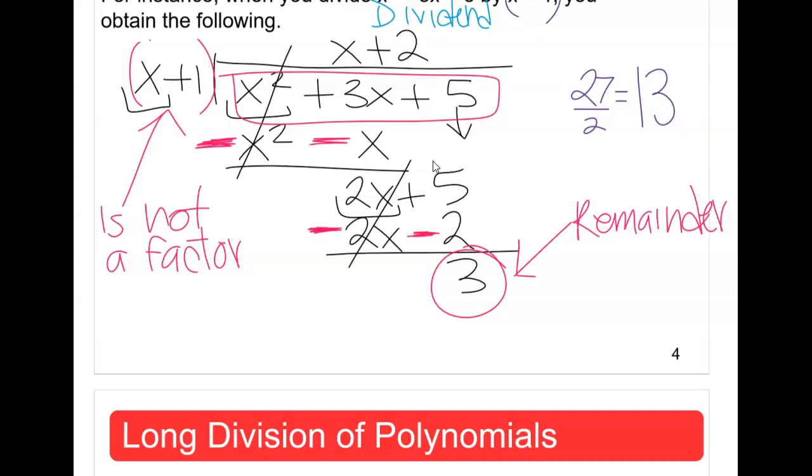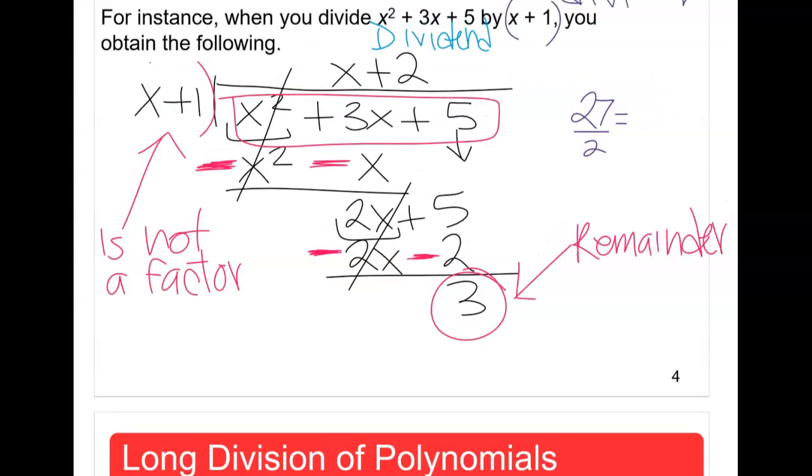Or we could actually do this instead. So 26 divided by 2 plus 1 over 2. So I'm splitting the fraction, and then what I'm going to do is say 26 divided by 2 is 13, and then I'm going to have plus 1 divided by 2.